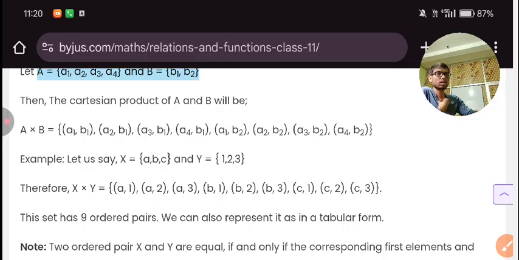That is what the Cartesian product of these sets will be. That is how we convert any two sets into a Cartesian product of sets.